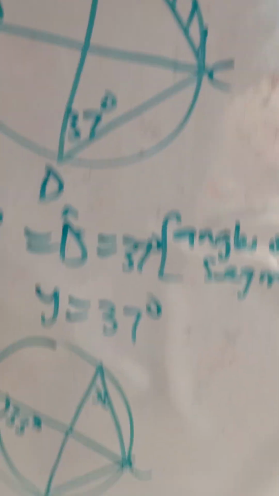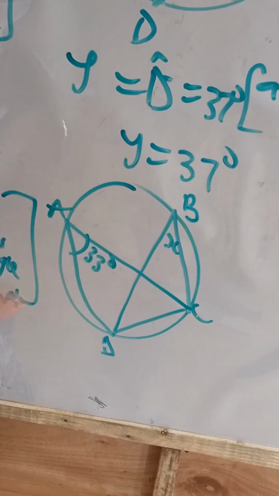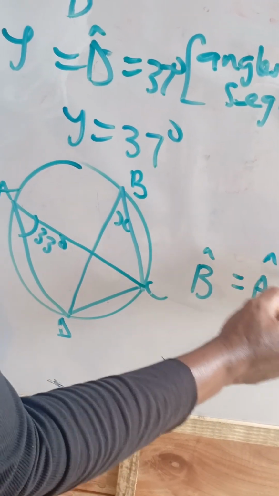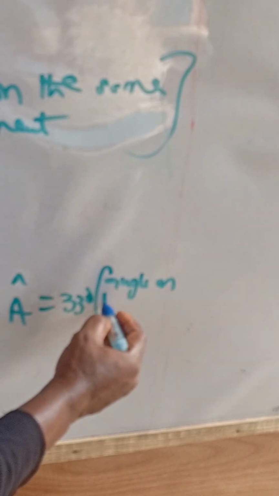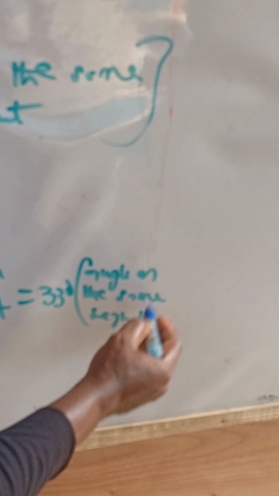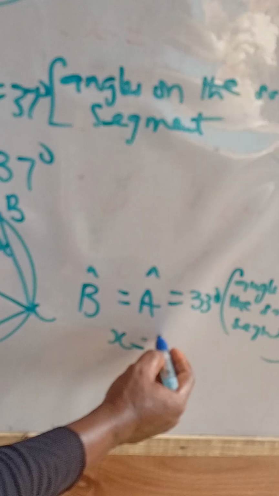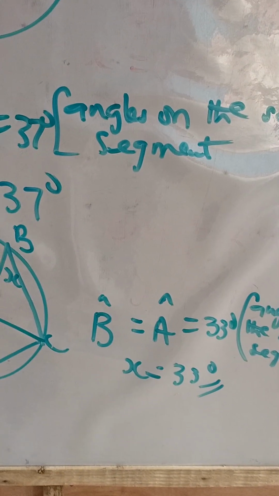So it's very obvious that this chord DC is accommodating angle A and angle B. So you can tell us that angle B is equal to angle A, and that means they're equal to 33 degrees. The same reason, angles on the same segment. So therefore, our angle A, which is our X, is equal to 33. So that's the solution to the two questions.